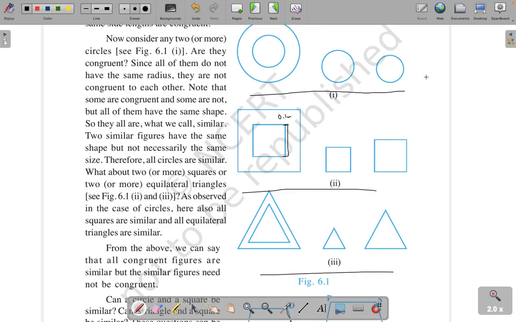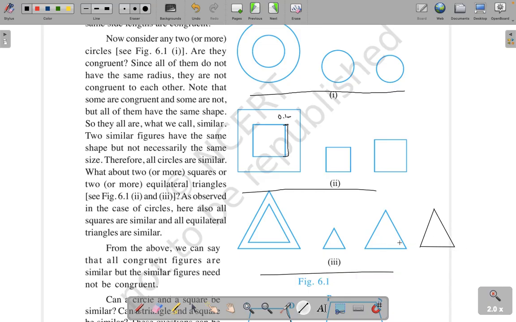Before that, you should understand that all congruent figures are similar, whereas all similar figures are not congruent. Congruent means they are the same. If you have a triangle and draw the same triangle, it will be exactly the same.